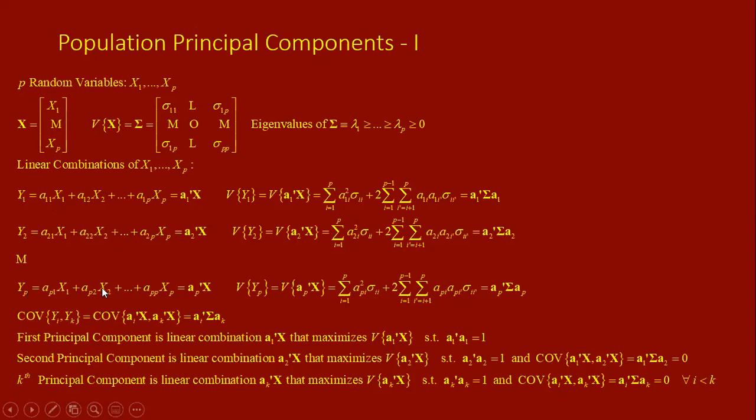That's exactly what I'm talking about here. And in matrix form, this is what we have. The variance of the transformed variable is what I'm showing you right here. And this is the covariance of that.